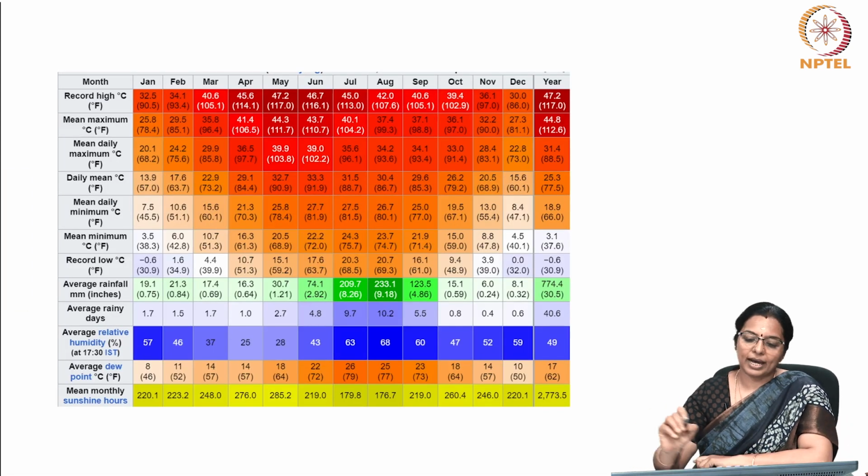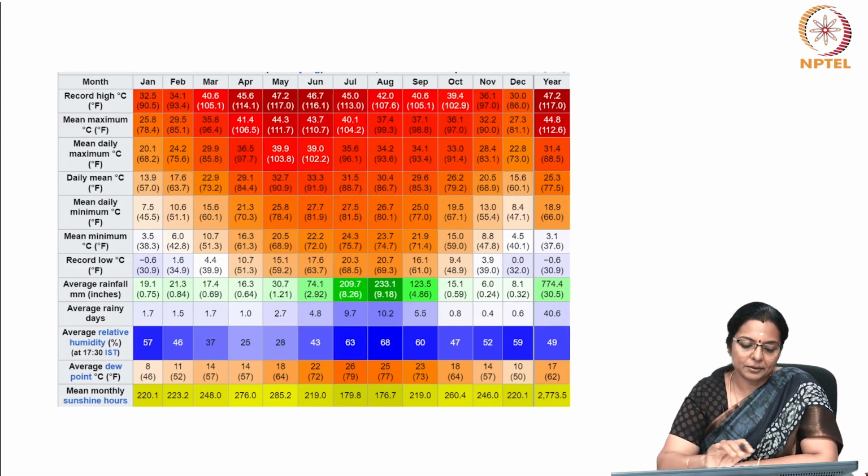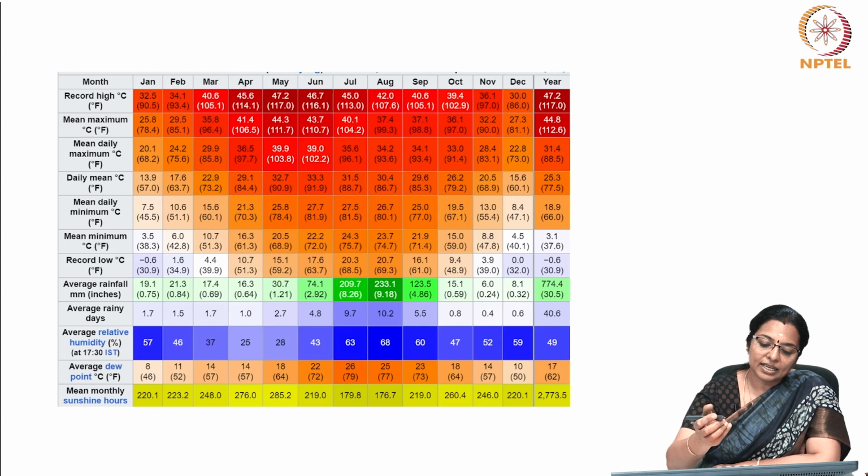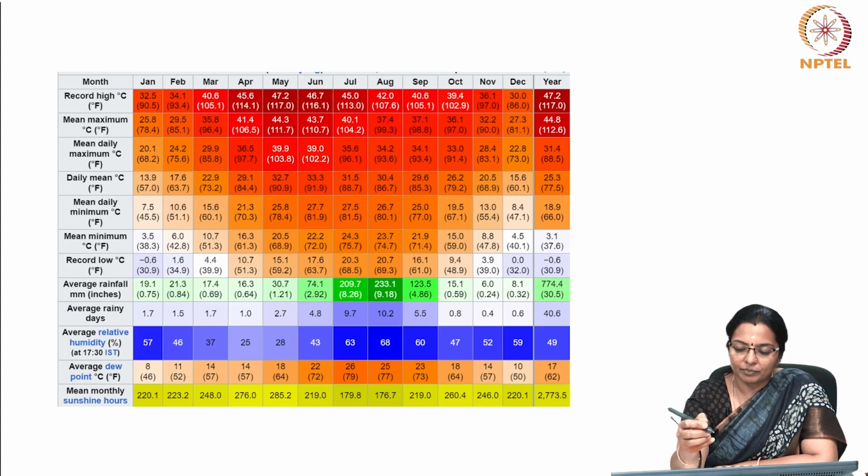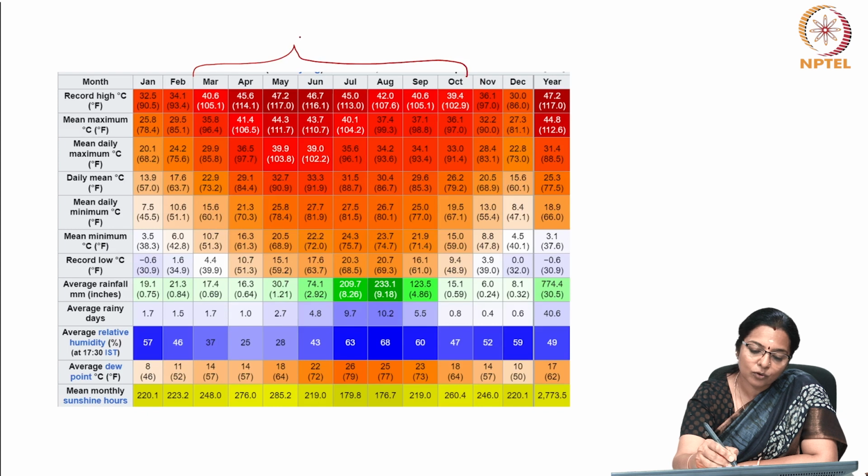Now, if we look at the detailed climate of Delhi, here you can see that the record high temperature in Delhi crossed or touched 40 degrees centigrade for 7 months. 40 degrees centigrade plus.